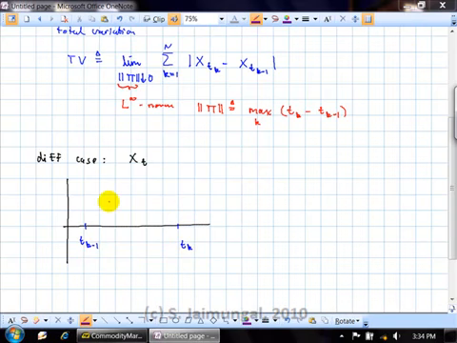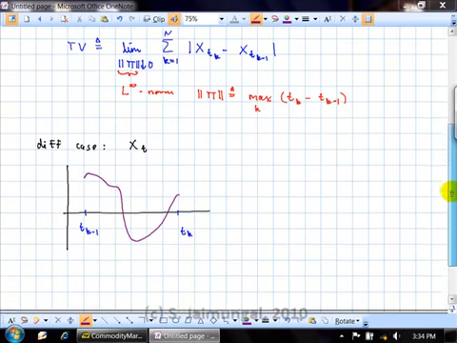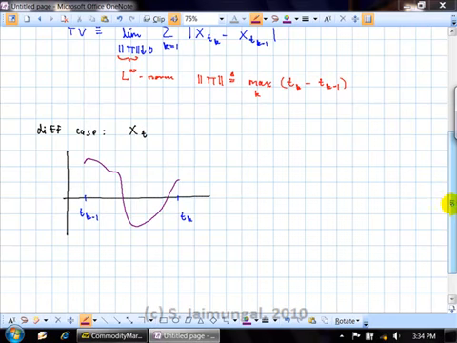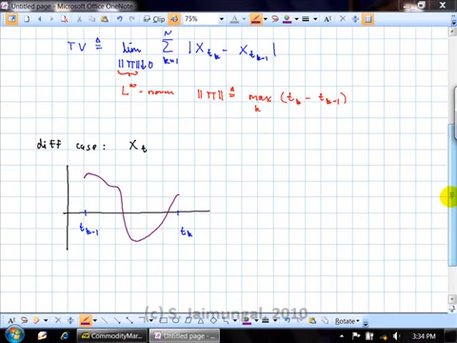The function's differentiable, so I'm going to draw some sort of behavior like that. If I want to calculate the total variation, what I need to eventually do is shrink the maximum one down to 0. But for every partition, I need to compute the difference between x at one point and x at the other point. So what I'm after in this case is this height.